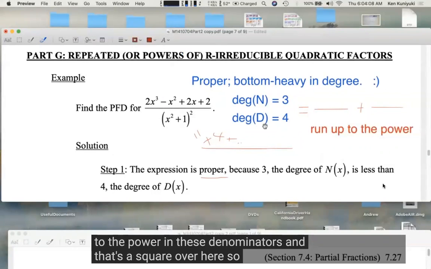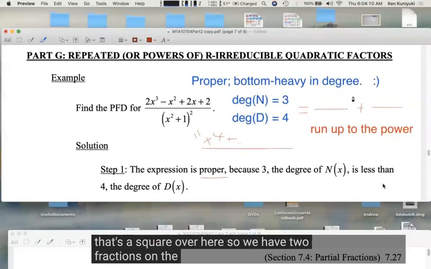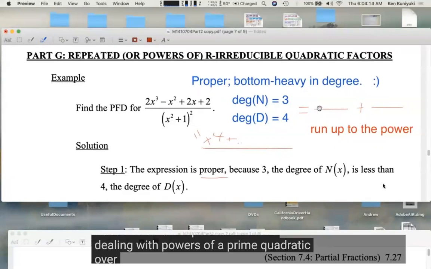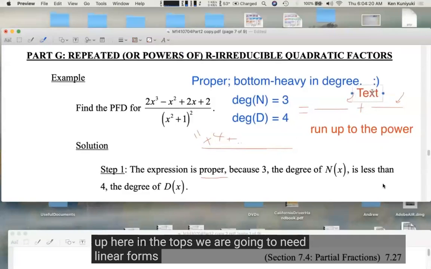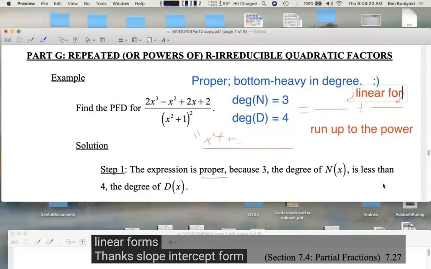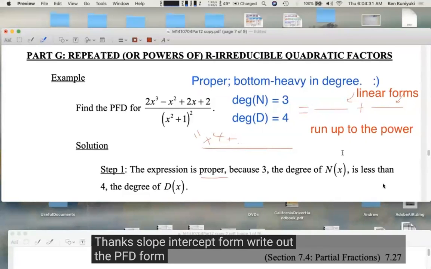And that's a square over here. So we have 2 fractions. On the top, because we're dealing with powers of a prime quadratic over the reals, up here in the tops, we are going to need linear forms. Think slope-intercept form. Write out the PFD form.